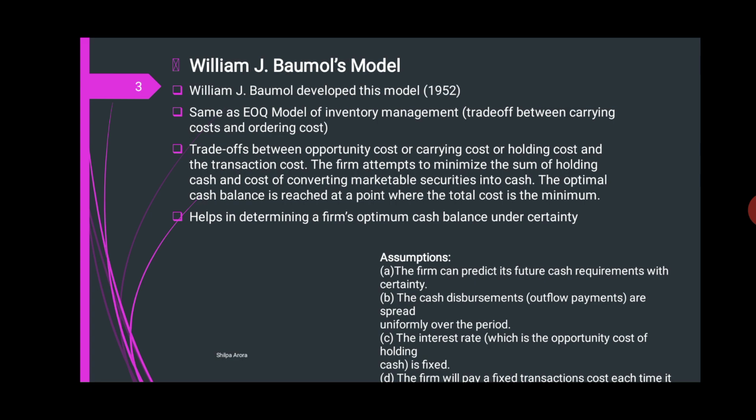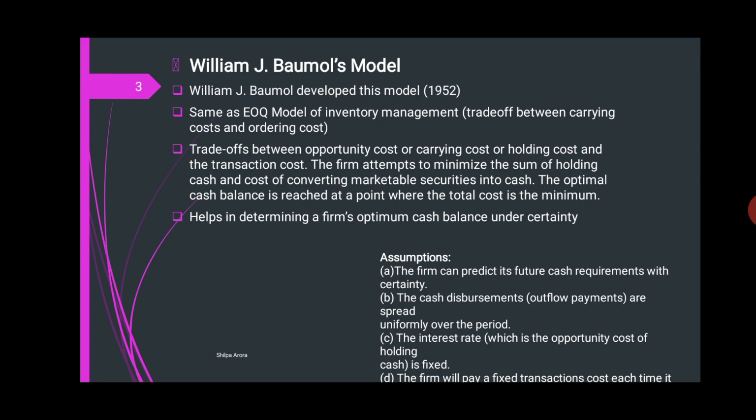So the firm attempts to minimize the sum of holding cash and the cost of converting the marketable securities into the cash form. And it says that optimal cash balance is only achieved at a point where the total cost is minimum.